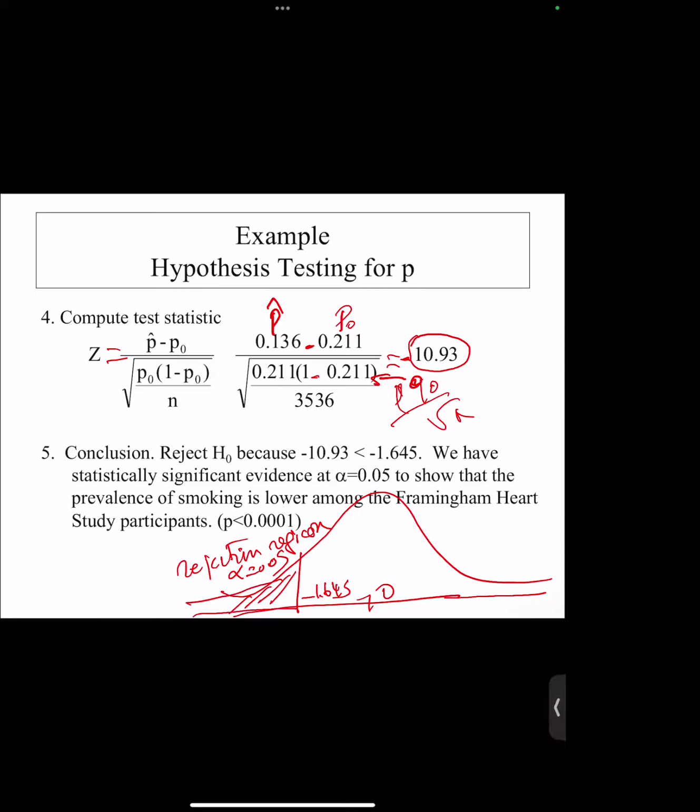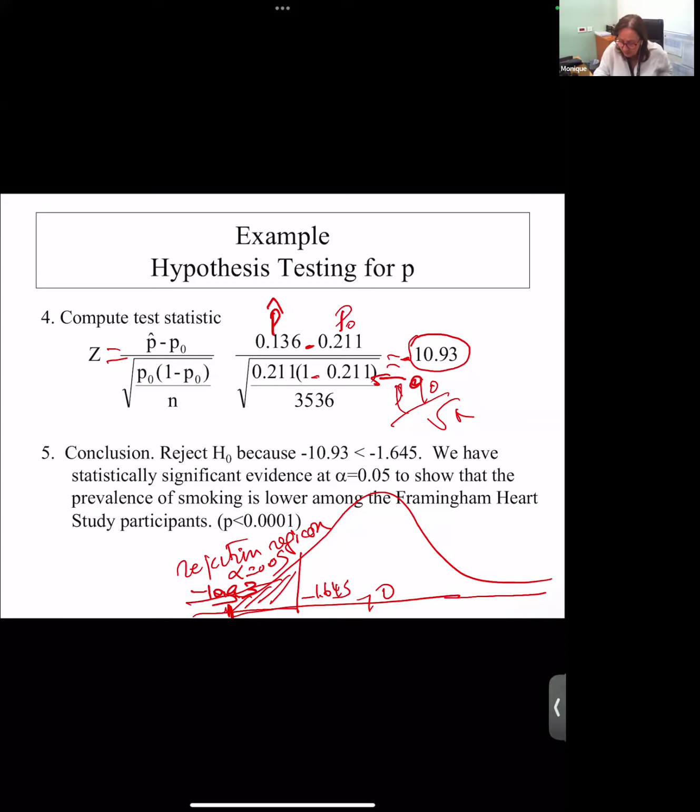So minus 10.93 is way outside, in the tail. It's very useful to you if you plot the curve, the distribution. So I compare this Z to the critical 1.645.